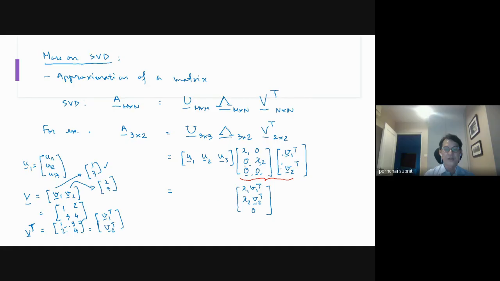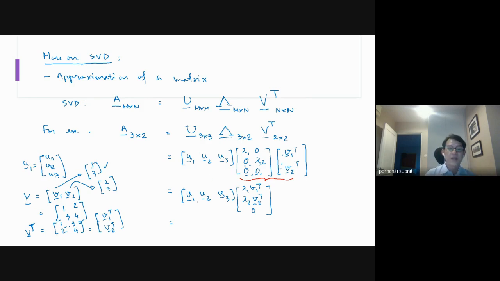And then for the last row, multiplied with V1 transpose and V2 transpose, we get just 0. And then for the front term, I'll just copy it down. So this is U1, U2, and then U3, right? And if I multiply together, this is one strange thing about multiplying vectors and matrices, because sometimes it can be quite confusing.